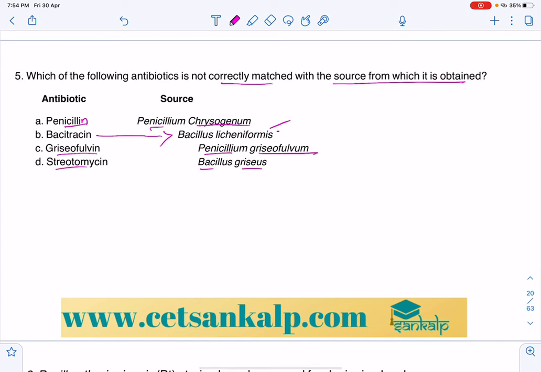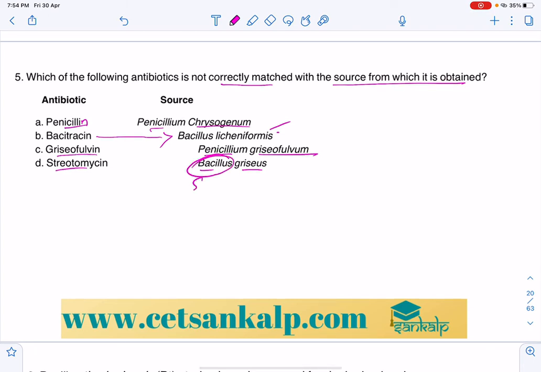Streptomycin, Bacillus griseus. Streptomycin is an antibiotic obtained from Streptomyces griseus, not Bacillus. So D is the wrong one, right?